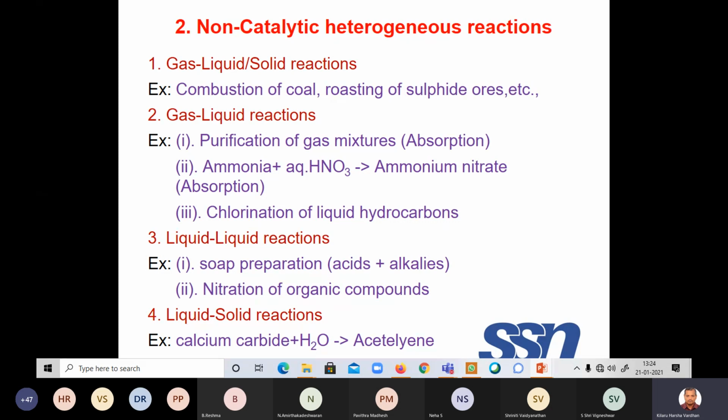This gas-liquid reaction is a very important thing because the mass transfer or the reaction gets enhanced, whereas in the other kinds of heterogeneous reactions, your reaction rate will be decreased by the diffusion. I'll give you one example so that you will understand what is happening in the mass transfer.